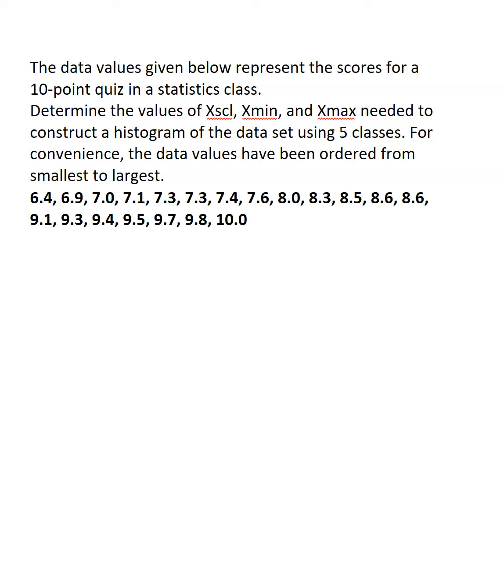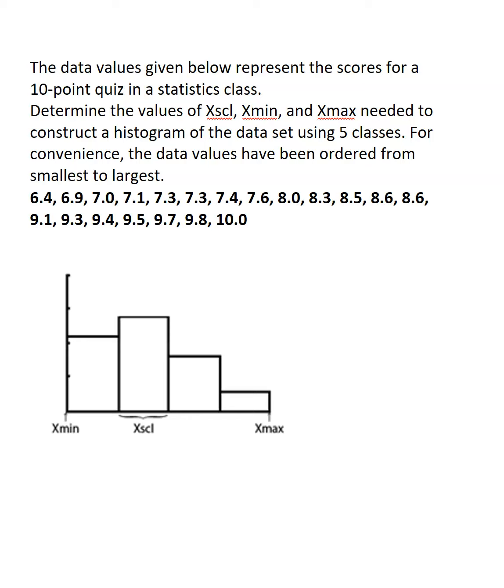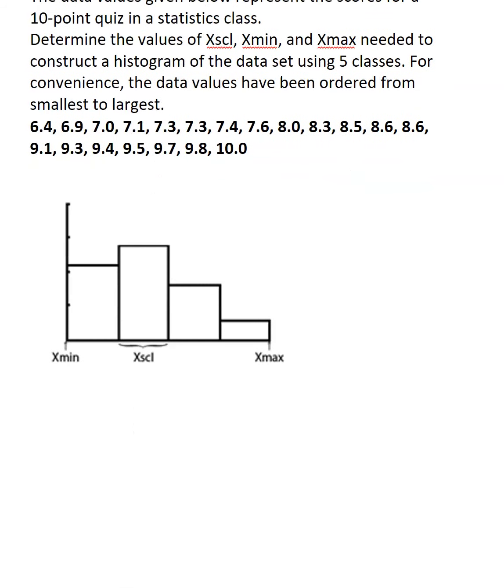Now this X SCL, X min, X max, these are all coming from your calculator, right? So I want to show you how it appears on the histogram itself. It appears like this, where X min is the minimum or the leftmost value, X max is the rightmost value, and X SCL is basically the class width. Let me point that out to you here.